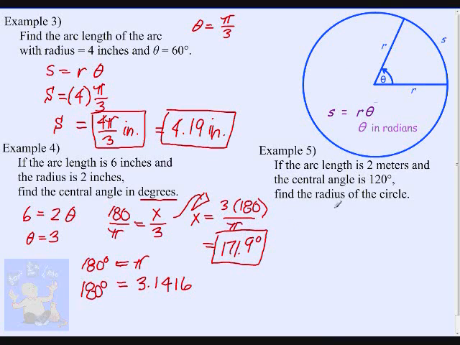If the arc length is 2 meters and the central angle is 120, find the radius. Okay, so central angle 120 is 2/3 of 180, so it's 2/3 pi.